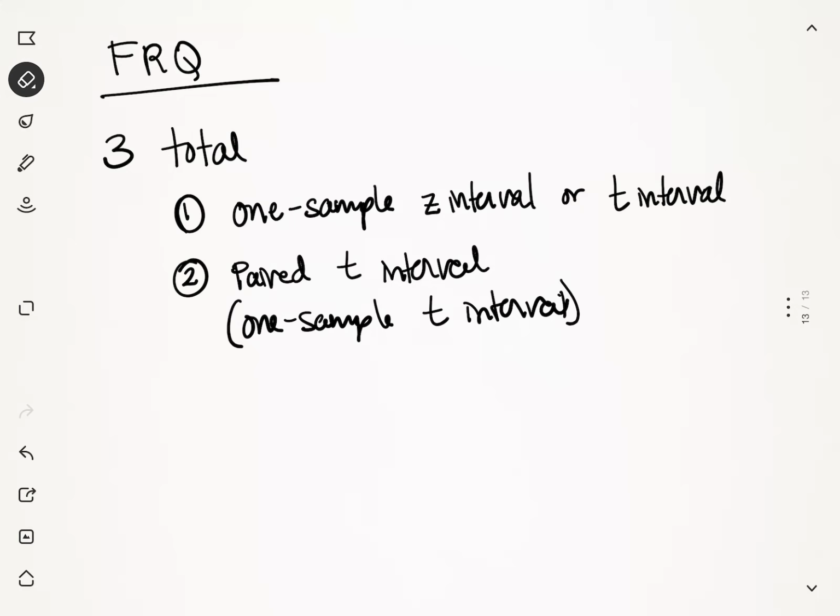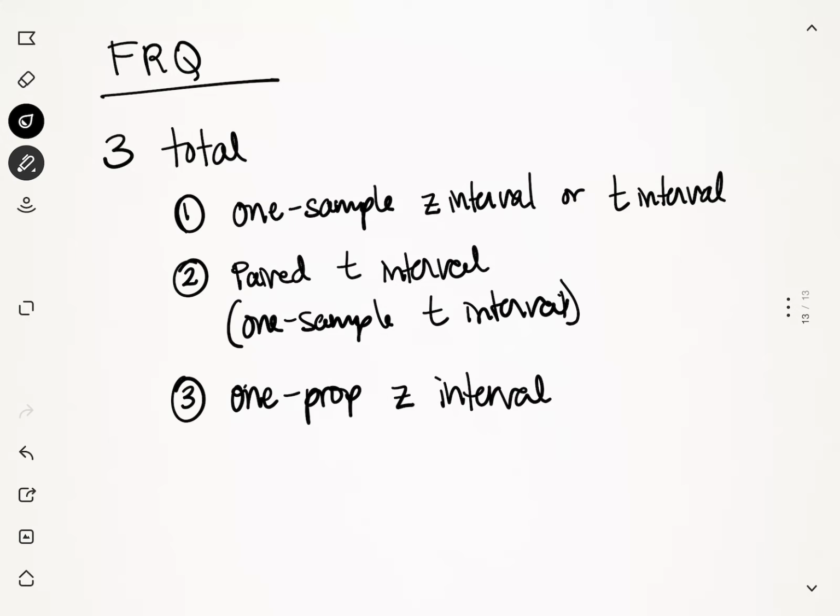So what I would suggest is looking over your caffeine problem in your note-taking packet and make sure that you feel comfortable with those steps. And then the third type, obviously, is our last one we talked about, our one prop z-interval.